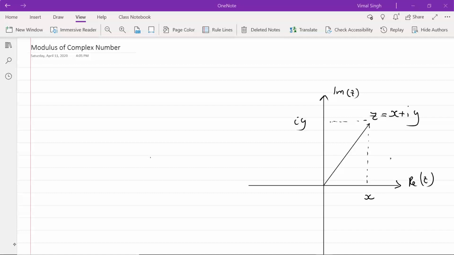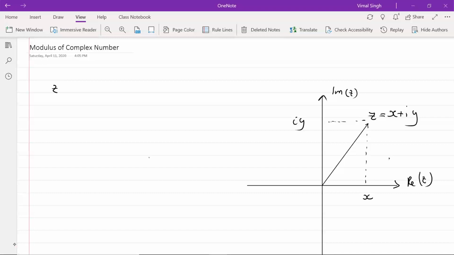Now, looking at the modulus of a complex number, let's say z is given as x plus iy. Then the modulus of z is given as the square root of x squared plus y squared.